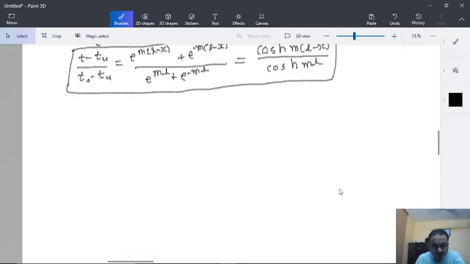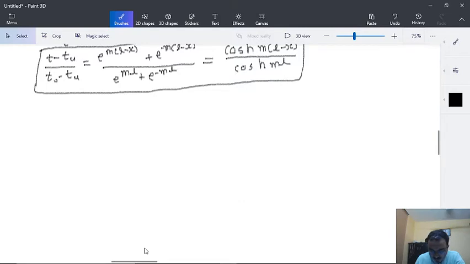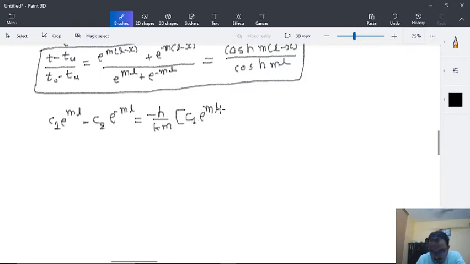Okay, so let's begin from here. Based on the second boundary condition, we are going to write C1 e raised to mL minus C2 e raised to minus mL is equal to minus h by km into C1 e raised to mL plus C2 e raised to minus mL.